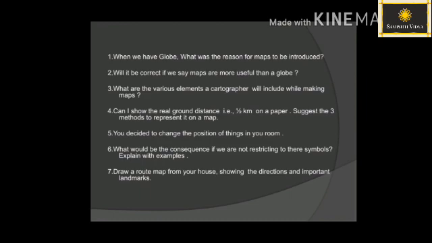Question number 6. What would be the consequences if we are not restricting to the signs and symbols? Question number 7. Draw a route map from your house to the school, showing the directions and important landmarks.